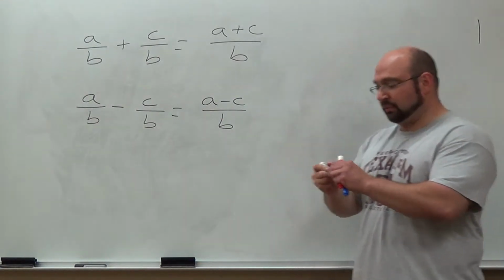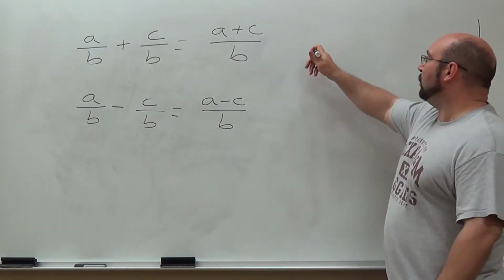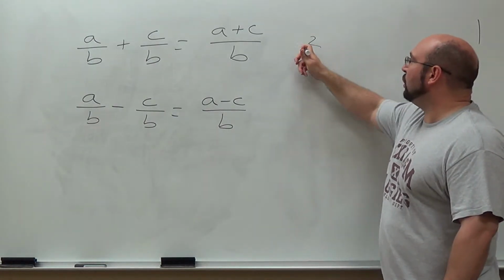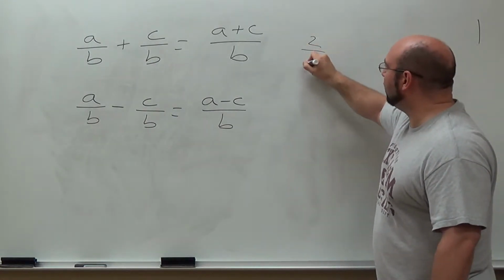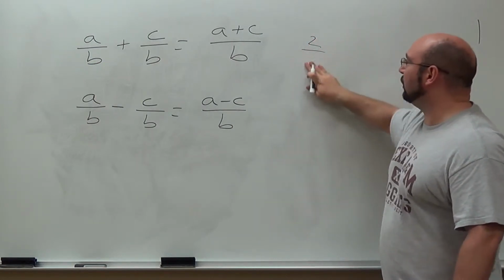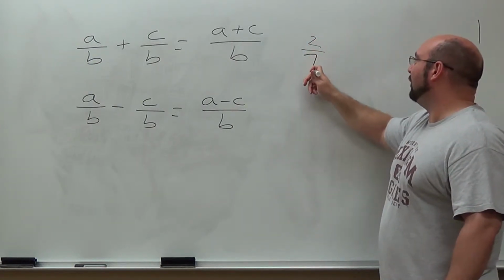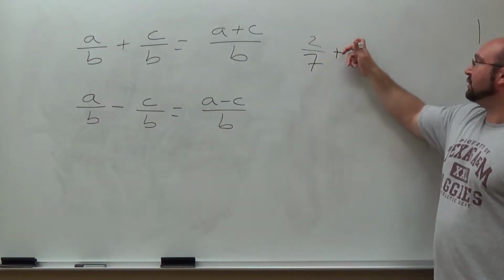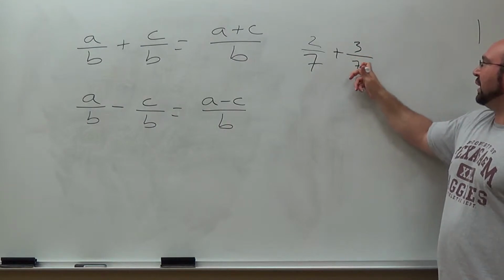So let's play with some numbers. 2 over 7. Wow, that's an ugly 7. Hold on. I can't put that up there. All right. So 2 over 7 plus 3 over 7.